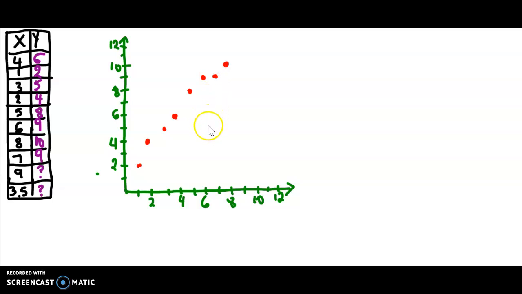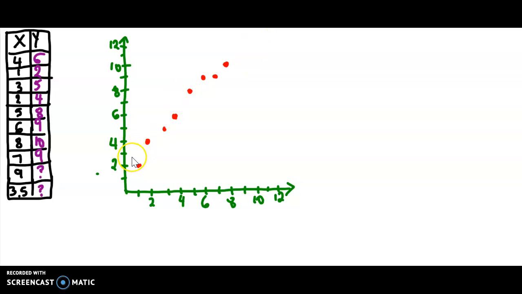and I have two values for x that I don't know their y value yet, but we will get there. So we plotted all the ordered pairs that were given so far, except the last two, and we're asked to draw a line of best fit. So we are going to be drawing a straight line that passes through as many dots as possible.